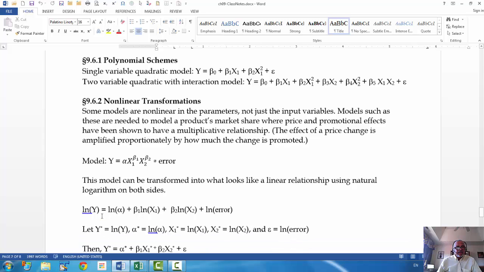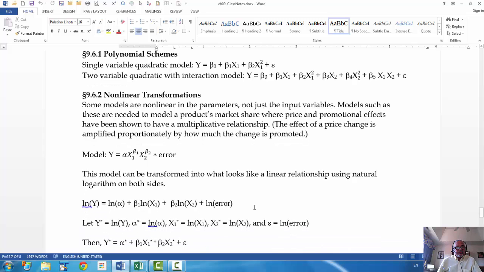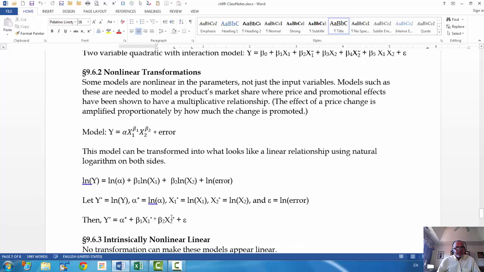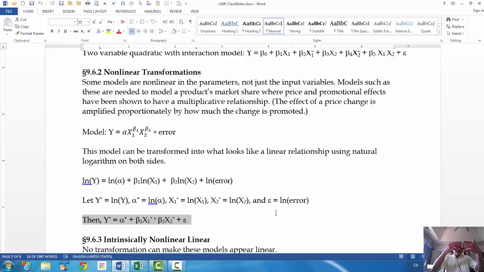Now you see that this has a linear structure. If you replace ln y with y star, ln alpha as alpha star, and so on, then you end up with a model like this, and you see that this appears like a linear regression model. So what you have to do is take the x sub 1 column and x sub 2 column and make these transformations.